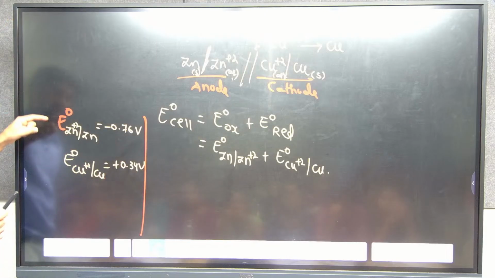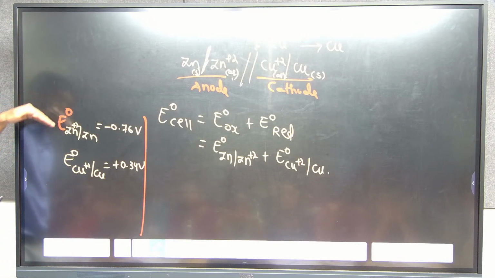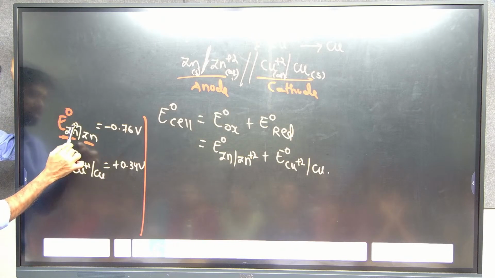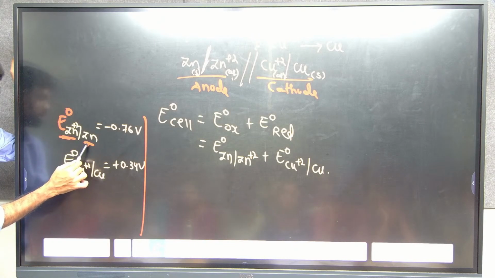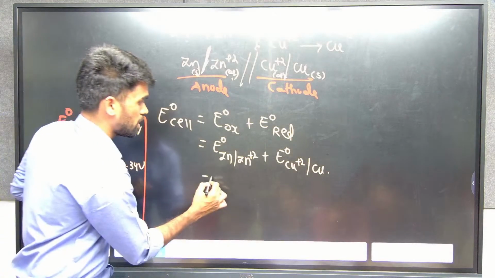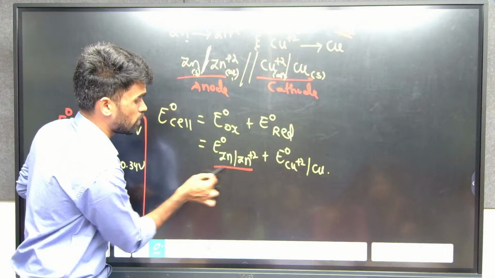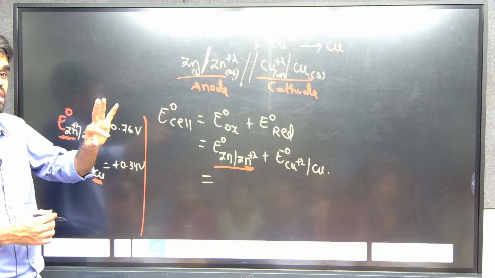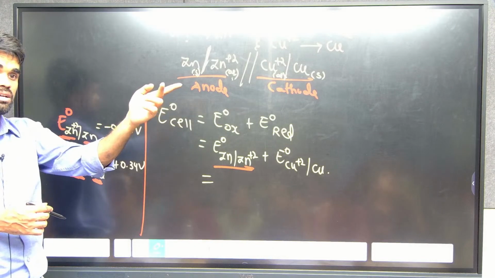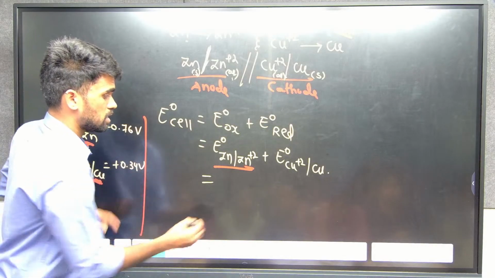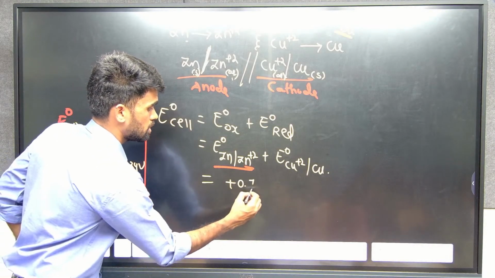Tell me first of all, are these reduction potentials or oxidation potentials? Zn2+ to Zn, what is this? Cu2+ to Cu, what is this? Both of them are reduction potentials, but what do I require here? Oxidation. As I told you, oxidation potential and reduction potential are opposite, so just change the sign. I should write plus 0.76.